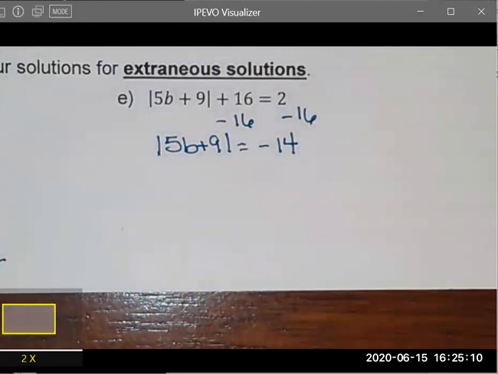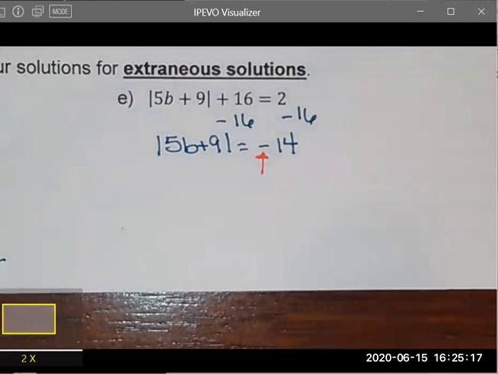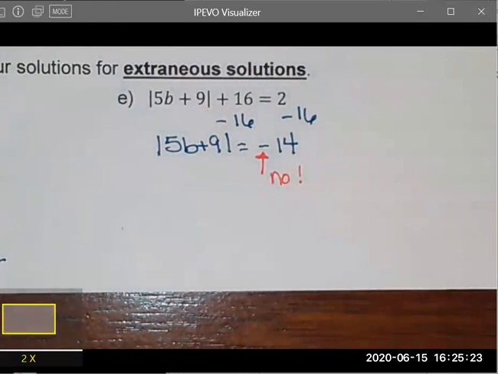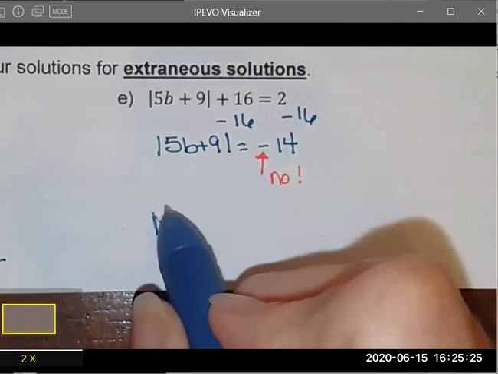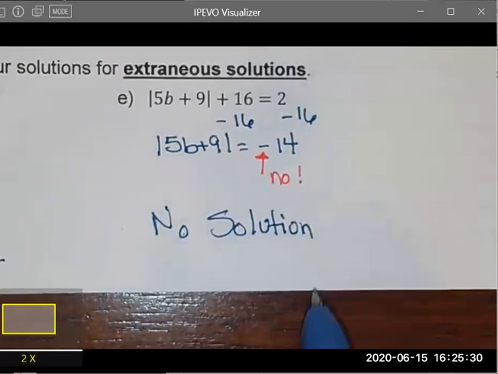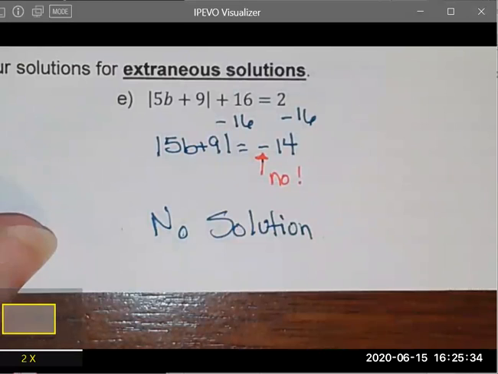And at that point, some alarm bells should go off in your head because remember, we can't ever be negative units from 0. So this would be a giant no. This is a no solution equation. It is no solution because we will never be a negative number of units away from 0 on a number line.